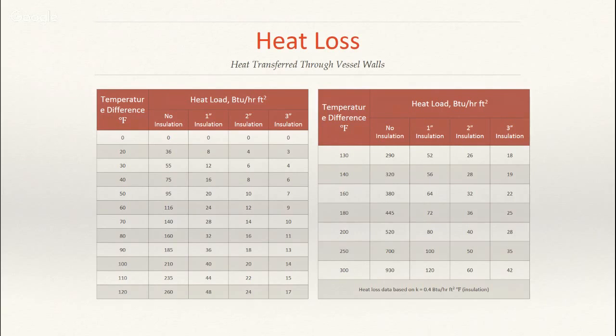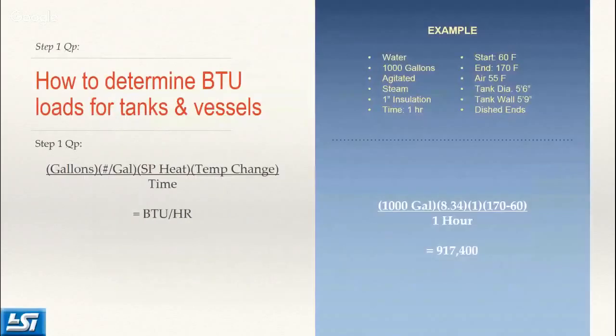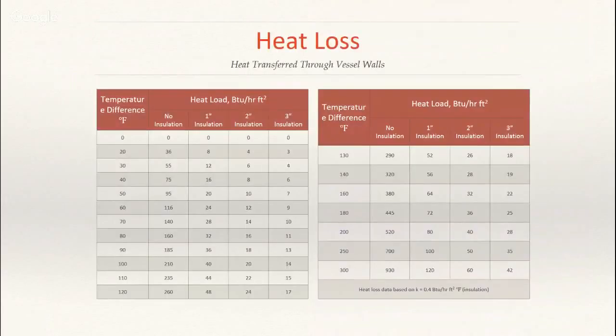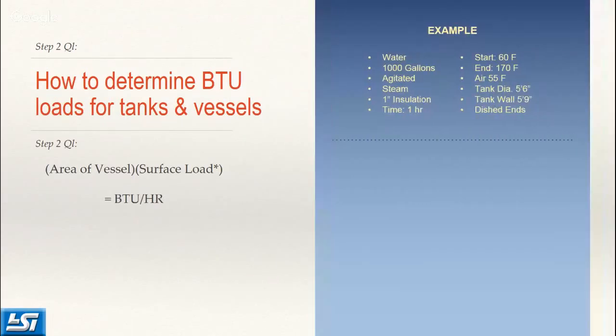So if we back up just one step in our example, we did look at the tank diameter and the tank wall. And I may go through this a little bit quickly for some of you, but I'm going to give you the square footage of the vessel on the outside. And the square footage is going to be 150 square feet as this pops up.